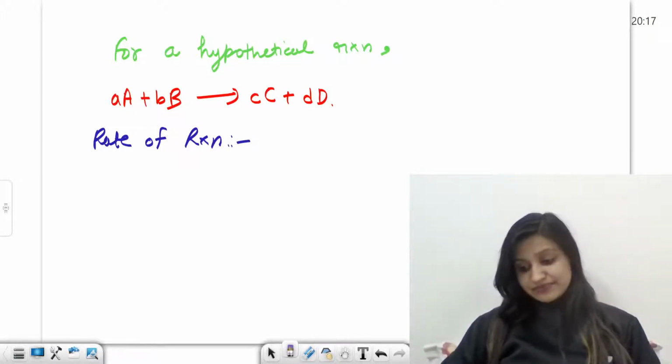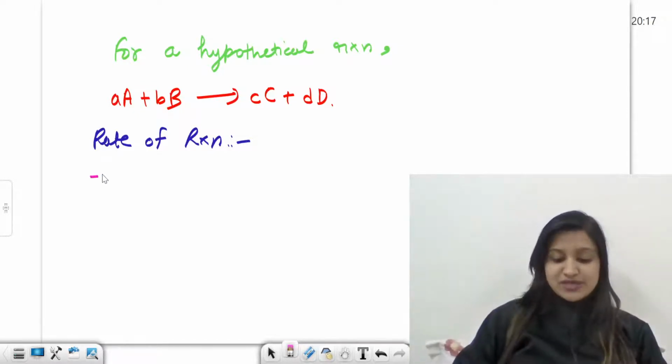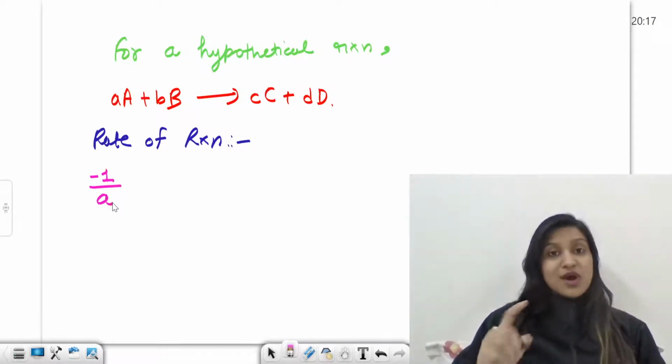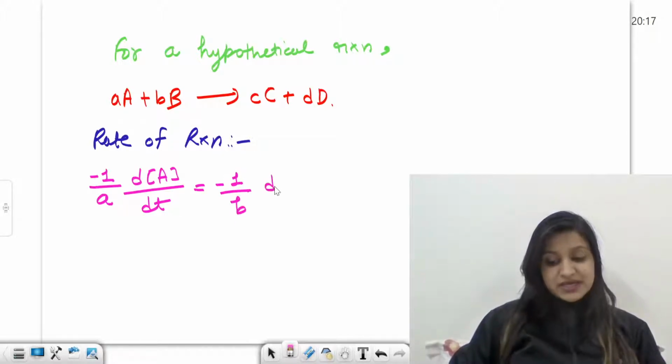You say that minus 1 by a into dA by dt will be equal to minus 1 by b dB by dt.